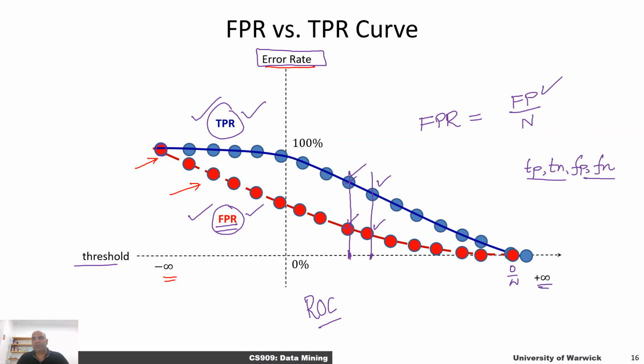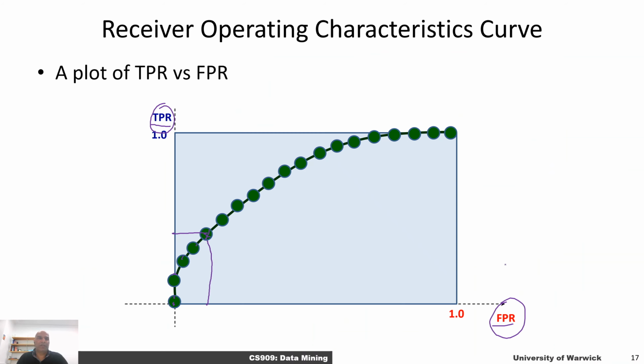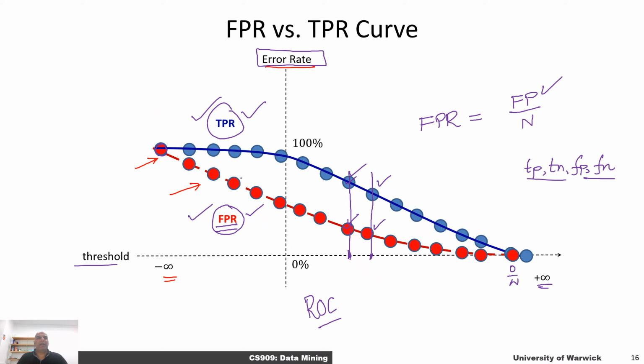Okay, and you get this curve, and as you can see in the previous curve, when you had the threshold value set equal to infinity, both the FPR and TPR were equal to 0. So this point over here corresponds to a very large threshold value, at which both FPR and TPR are equal to 0. On the other hand, when your threshold value is very small, or minus infinity, everything is going to be classified as a positive.